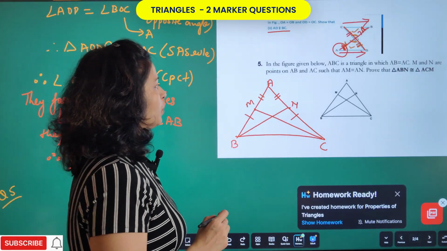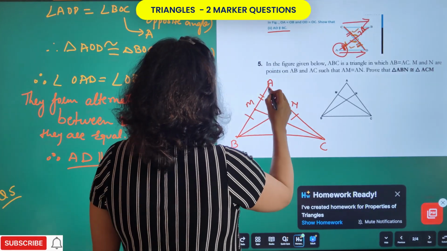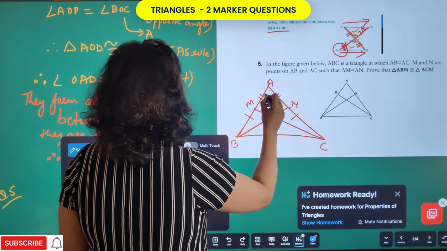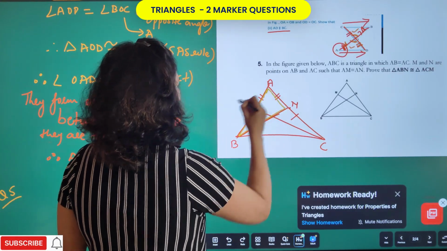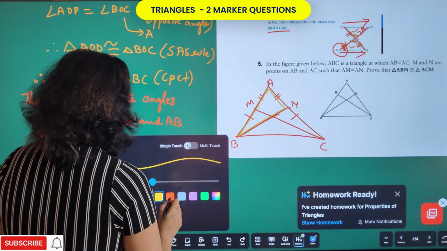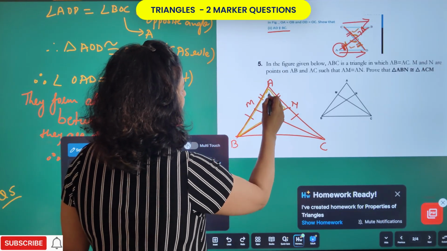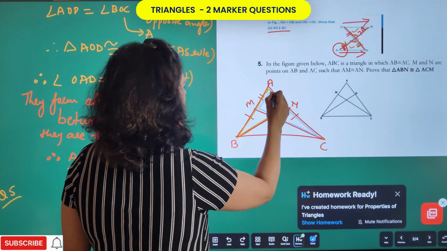You have to prove the congruency between these triangles, and between ABN and ACM. You have to prove congruency between these triangles.